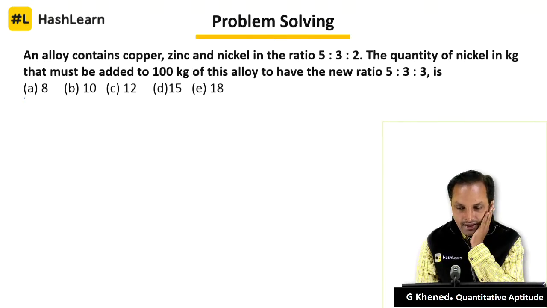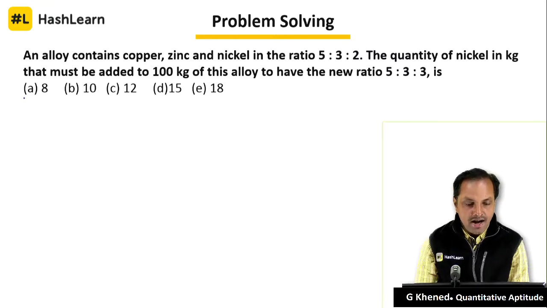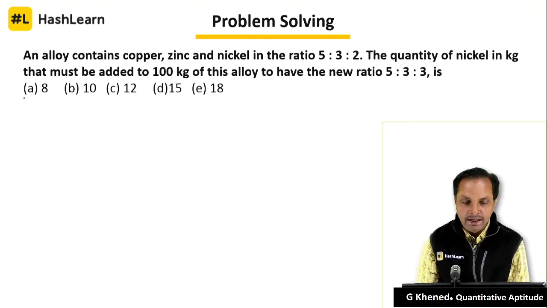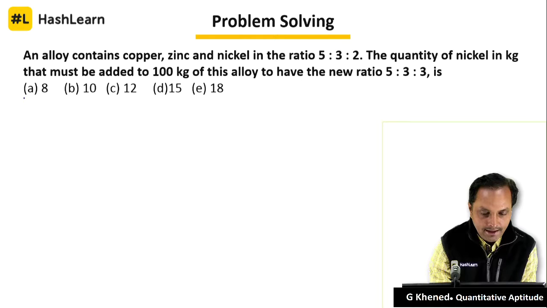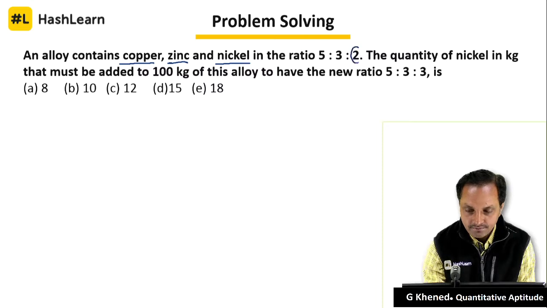The quantity of nickel in kg that must be added to 100 kg of this alloy to have the new ratio 5:3:3 is... Okay. See here, what is the nickel? The first one is copper, second one is zinc, and the third one is nickel.